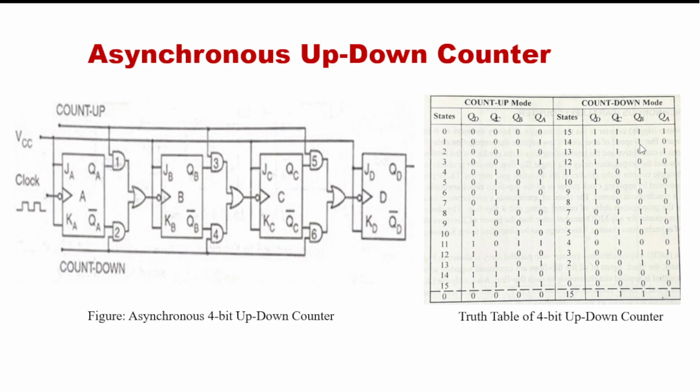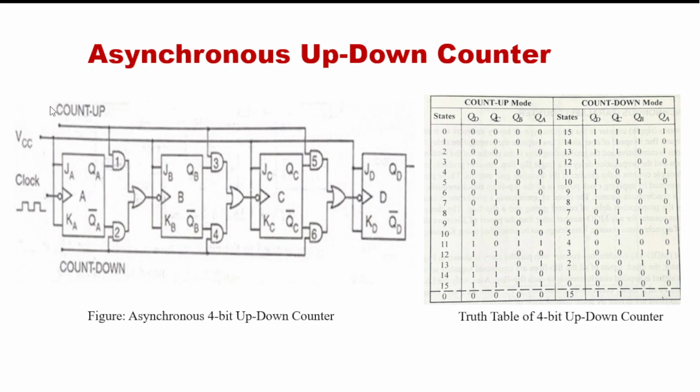That means in count down it slowly decreases the count and comes to the 0 0 0 0 position, and in count up it slowly increases the count and finally reaches 15, and then again starts from 0 0 0 0. So this is the basic difference between count up and count down.